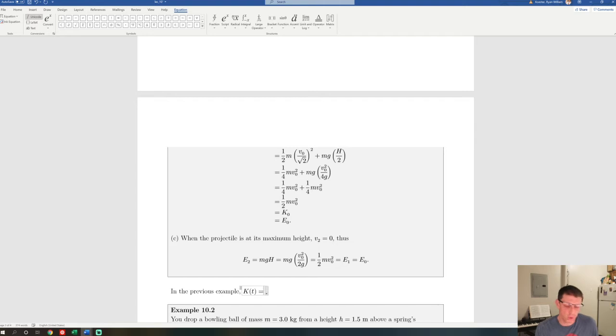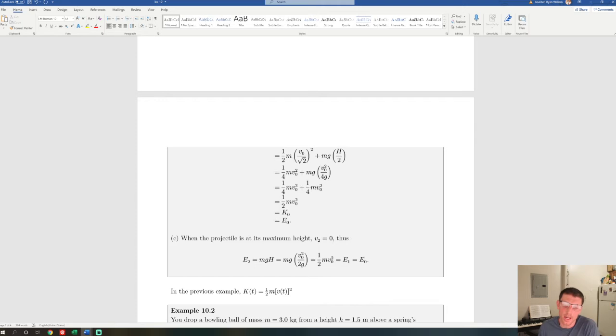What I want to say is that this kinetic energy as a function of time can be written like that, where now we're making the time dependence of the velocity explicit.